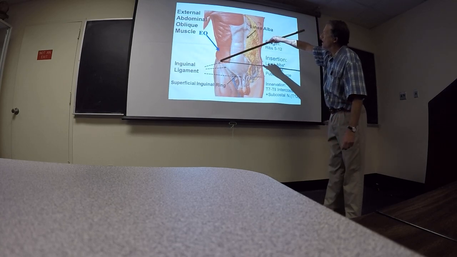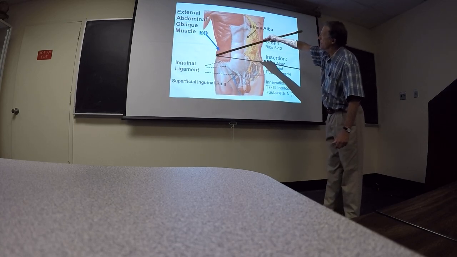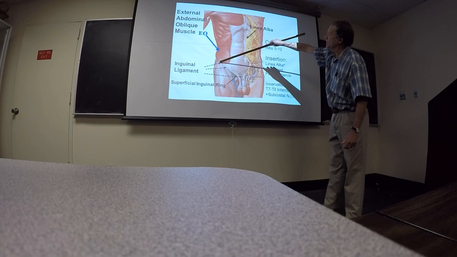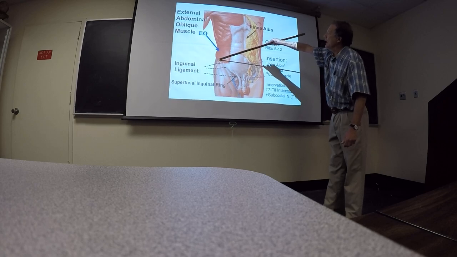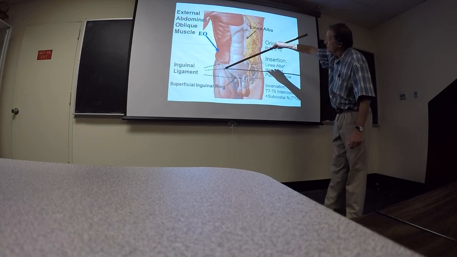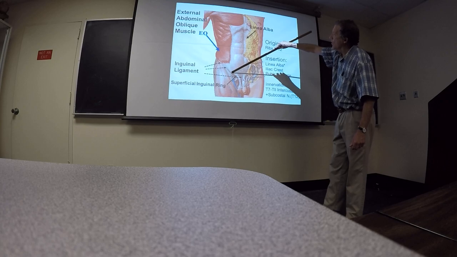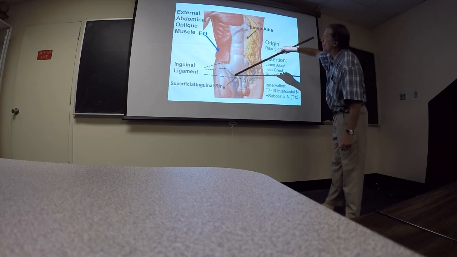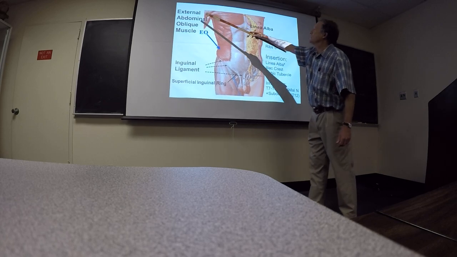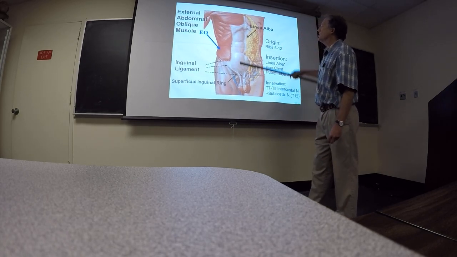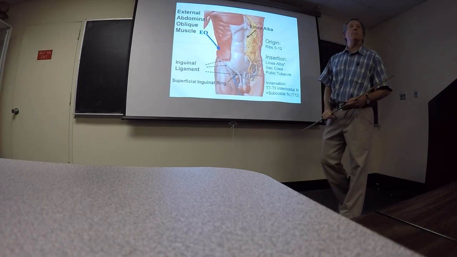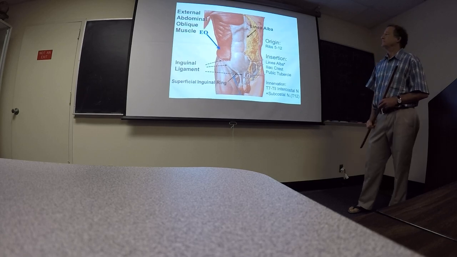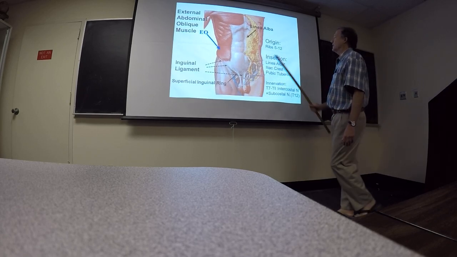These lowermost fibers, where the muscular fibers go to the anterior superior iliac spine, and then there's connective tissue that goes all the way down to the pubic tubercle. This lower border of the external oblique muscle's aponeurosis is referred to as the inguinal ligament. And you should be able to find that in your dissection.